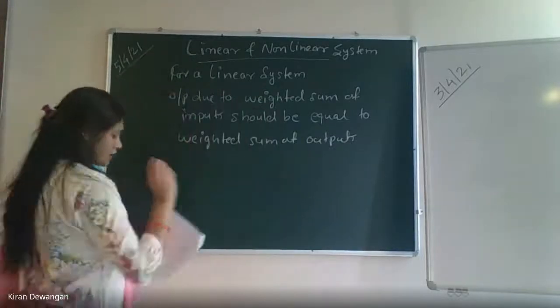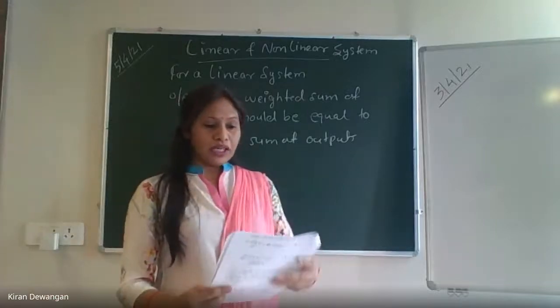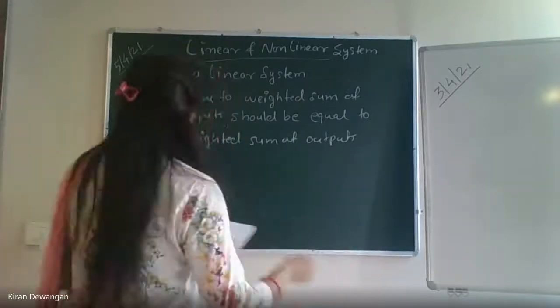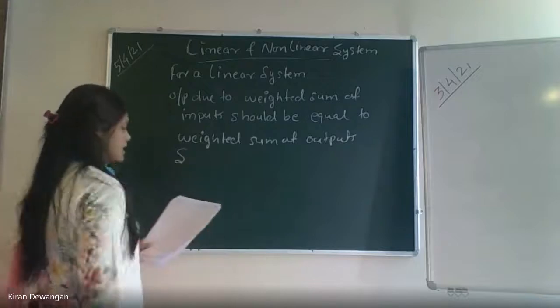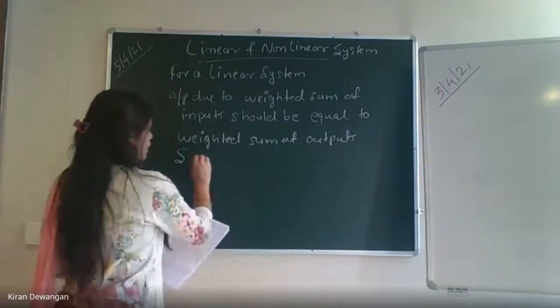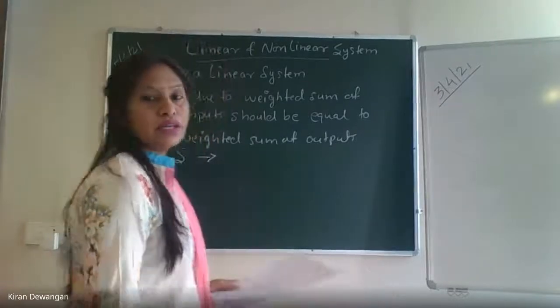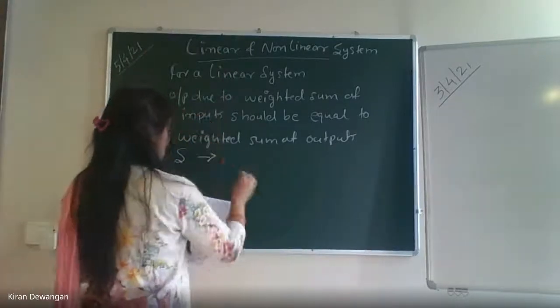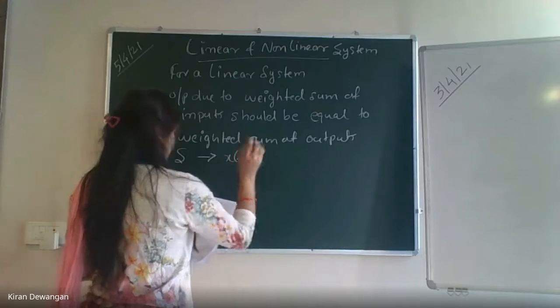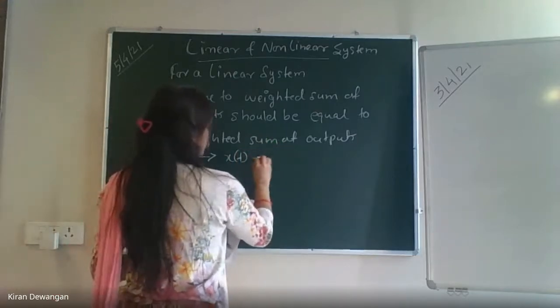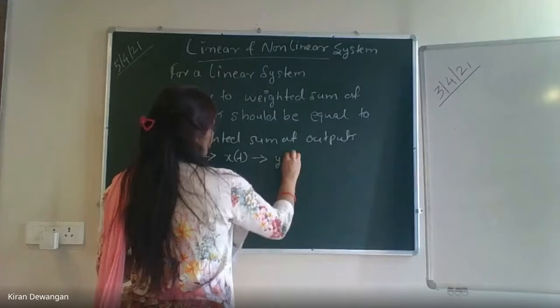Write the question. For a system S, S is any system in which x(t) is the input and which is producing an output y(t).